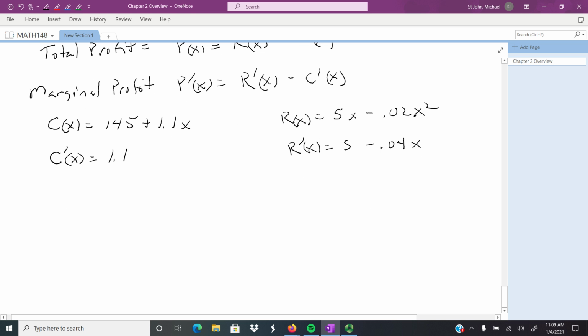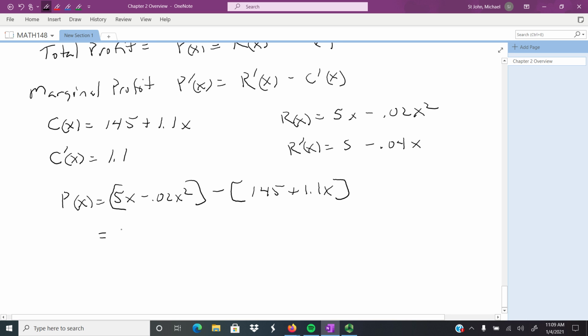And we can write our profit function. So the profit function, P(x), is going to be the revenue, which was 5x minus 0.02x squared, minus the 145 plus 1.1x. And we could rewrite this.